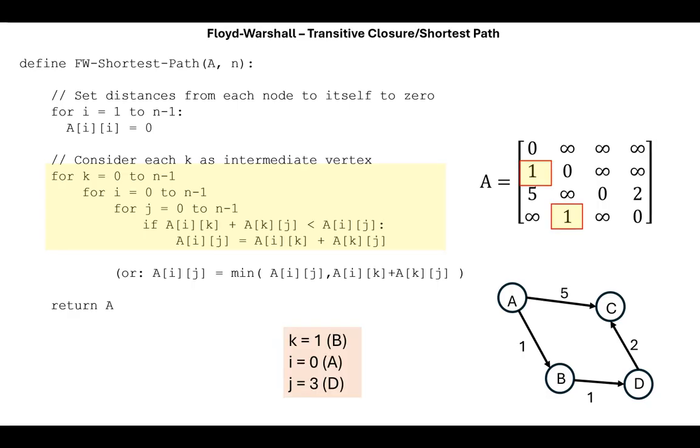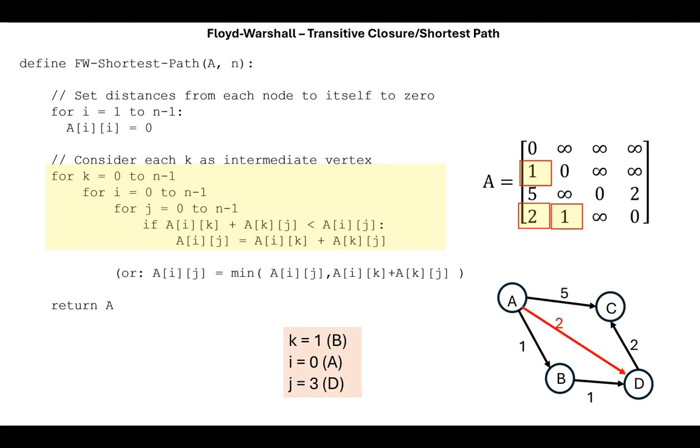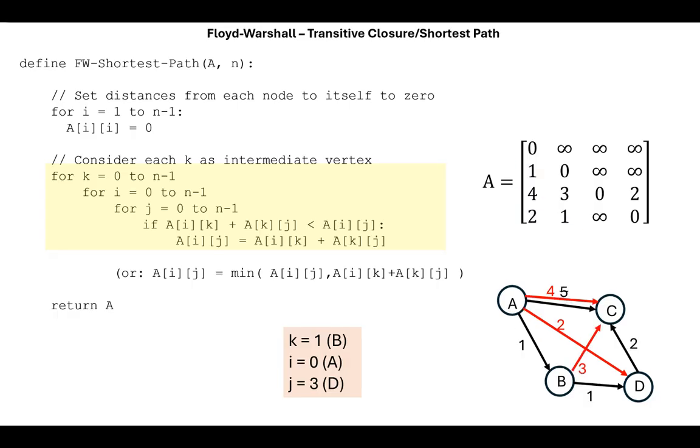Again here, we can see that at the moment the distance from A to D is infinity, that bottom left value under the 5. But we can see that to go via B, from A to B is 1, from B to D is 1. Add those together, you get 2, which is of course less than infinity, and so we can set the distance from A to D as 2. We do that over and over until we have all of the shortest distances you can see.